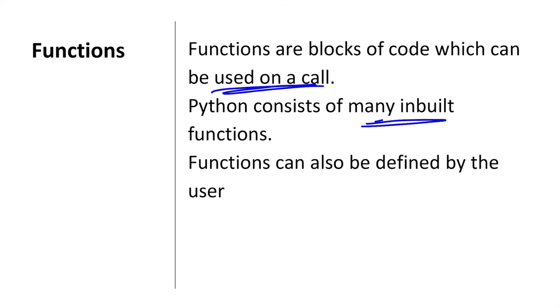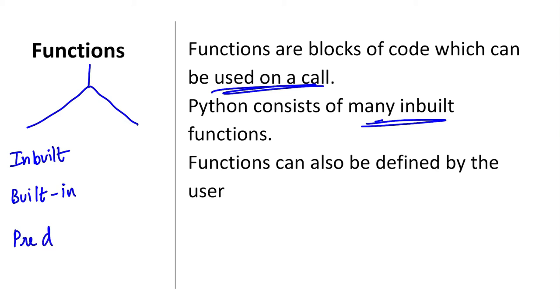So basically we can understand it like this: functions are of two basic types. Inbuilt, also known as built-in. Some people call them built-in functions, and some people call them predefined functions. There are many names. And the second type is user defined.